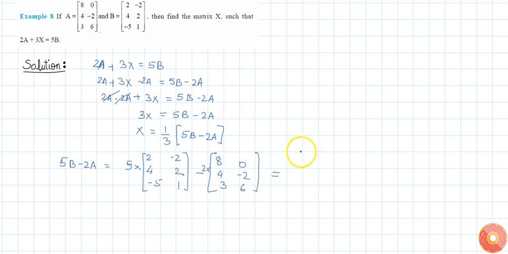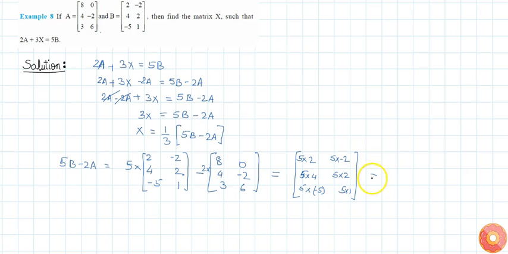This will be multiplying 5 with each element inside, you get 5 into 2, 5 into minus 2, 5 into 4, 5 into 2, 5 into minus 5, and 5 into 1.